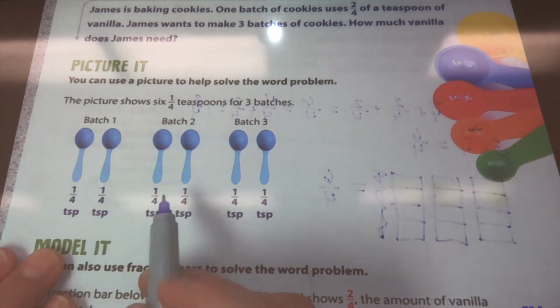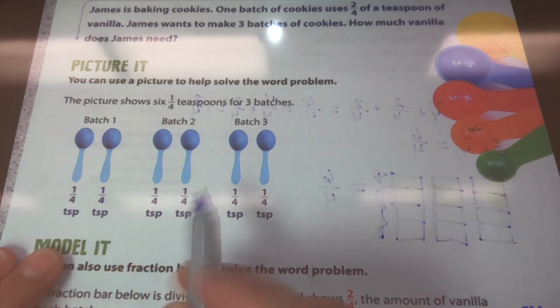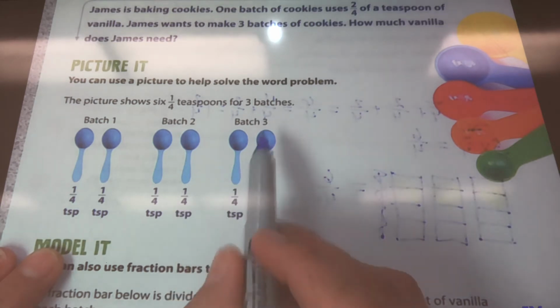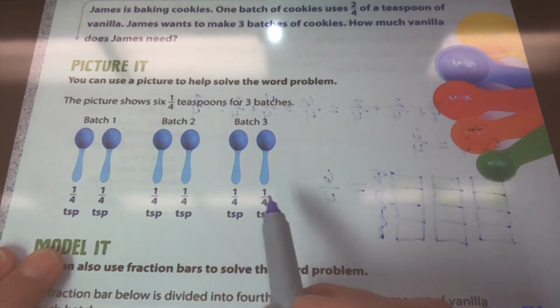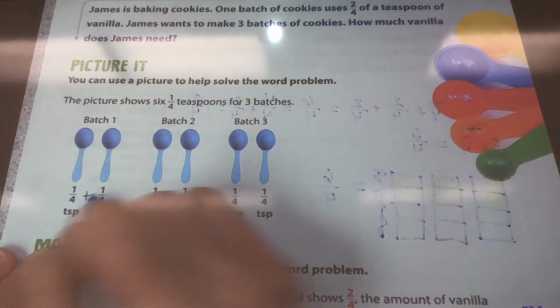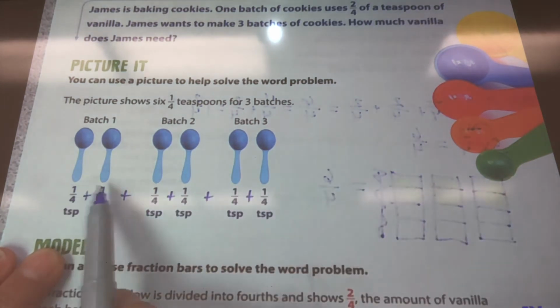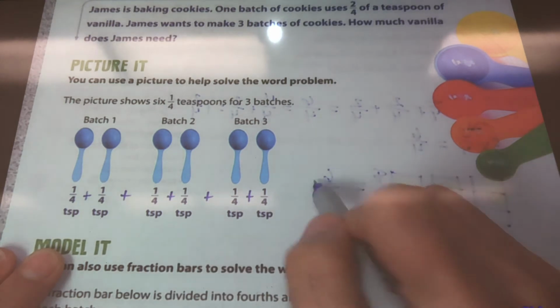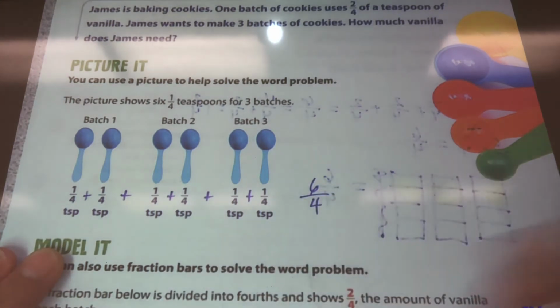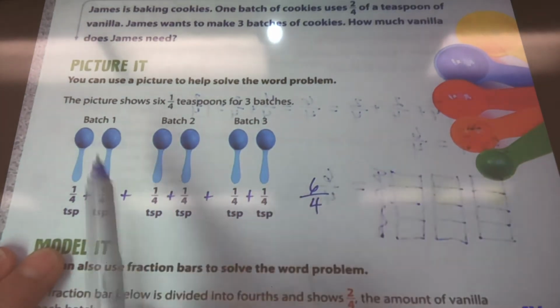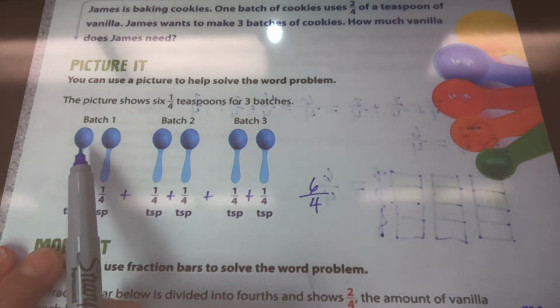The second batch also needs the same 1/4 and 1/4, which is another 2/4, and then batch 3 needs again 1/4 and 1/4. And if we were just to simply add all of those up together, we would get 1, 2, 3, 4, 5, 6/4, which would be 6 of these. I would actually pour in 1/4 of a teaspoon 6 times.